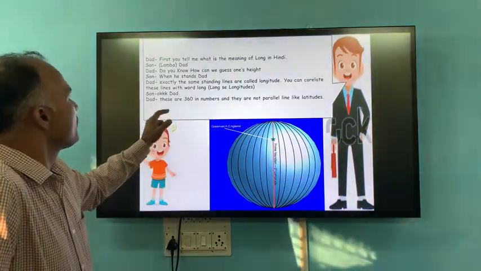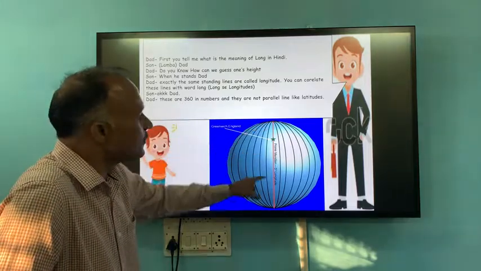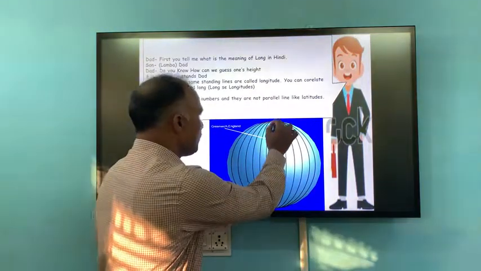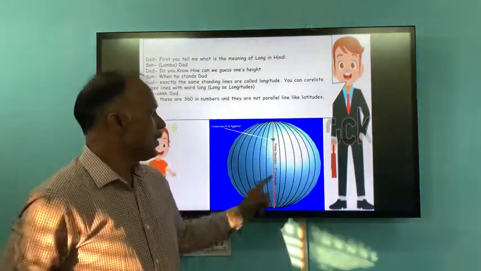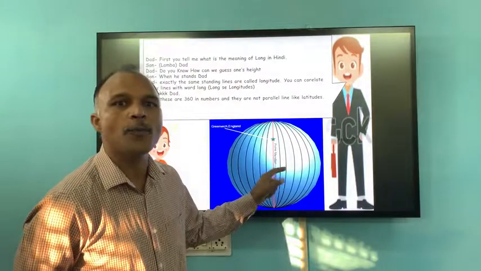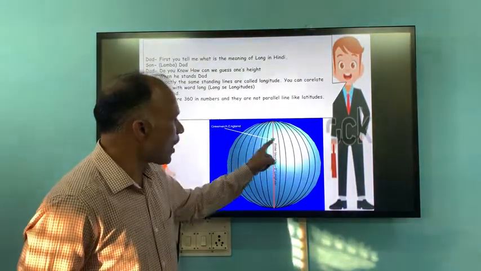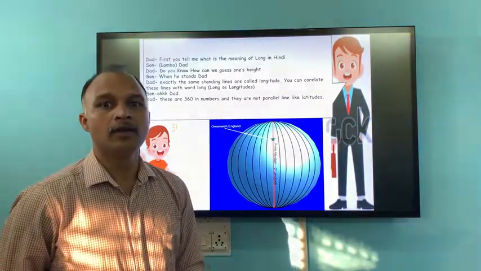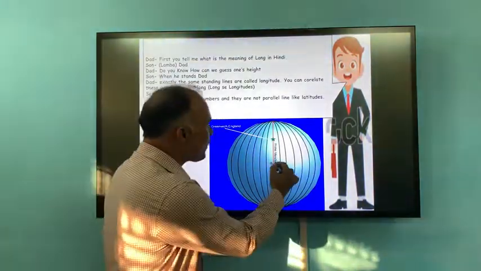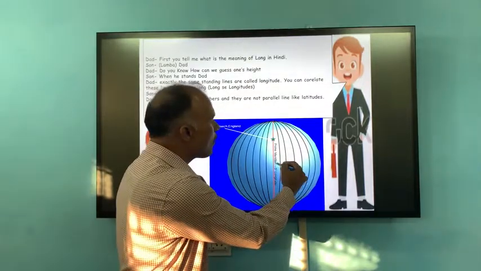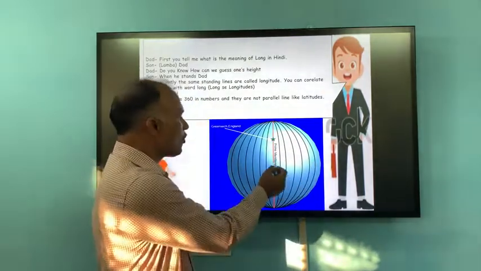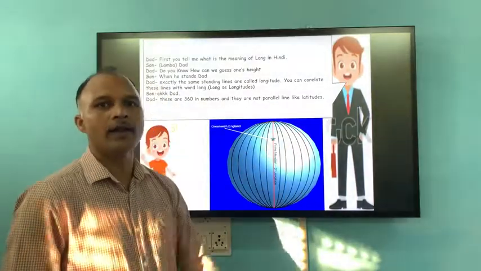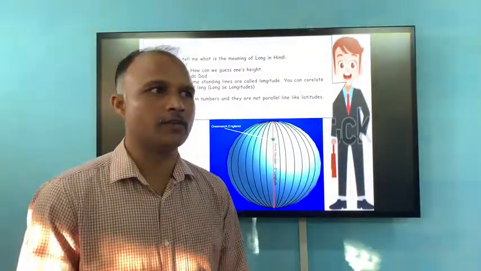In the same way, these lines are 360 in number. This is the 0 degree main meridian line, or prime meridian line, which passes through Greenwich in London in the UK. If we go to the right side, or east, there are 180, and if we go left, there are 180. 180 plus 180 is equal to 360.